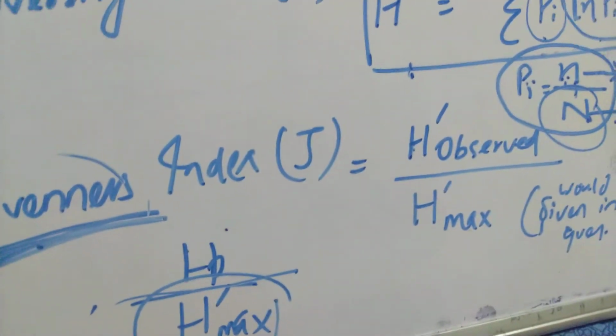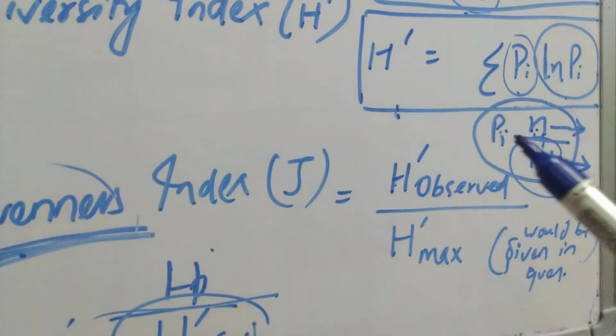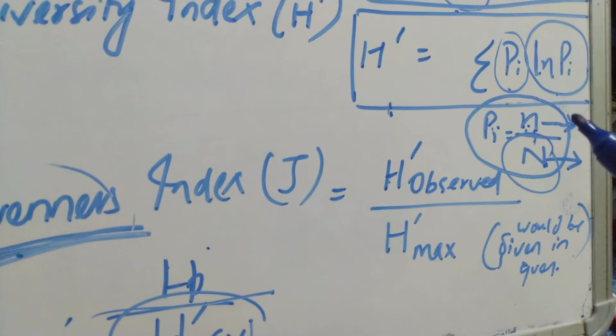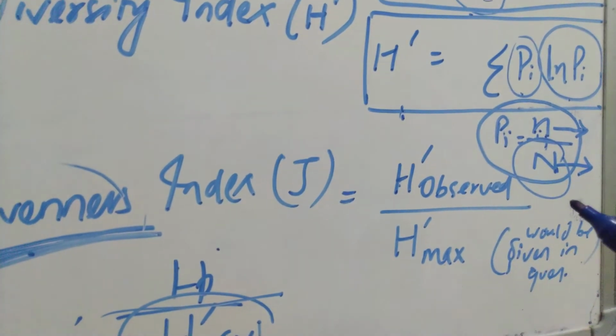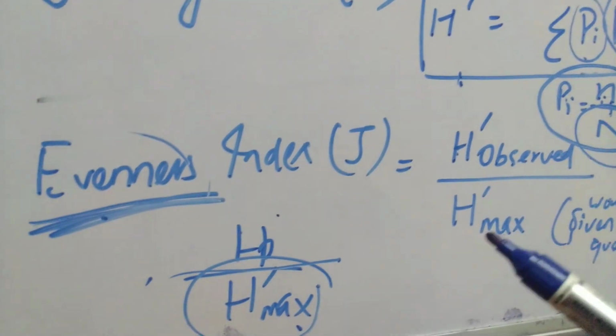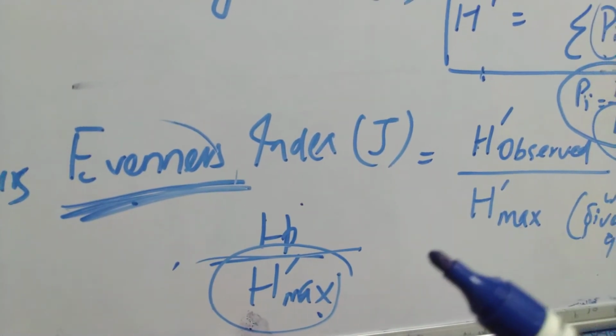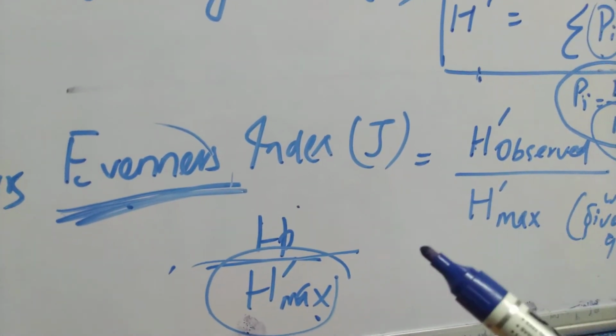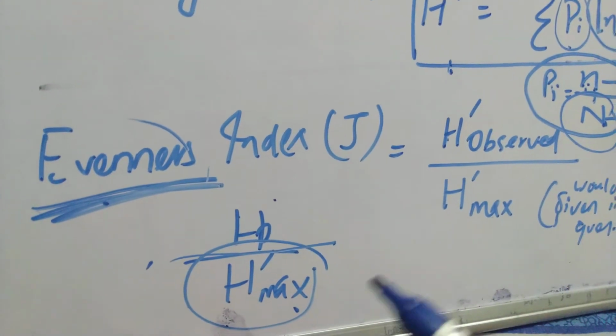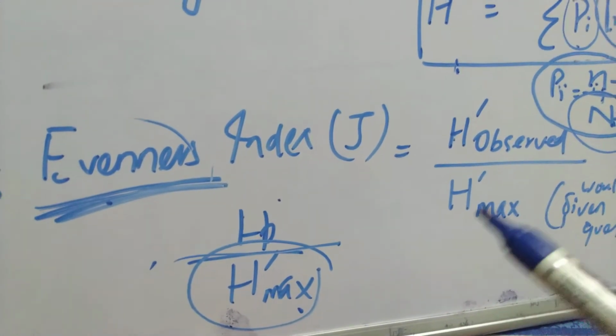And when you find that, you can get H' by just multiplying with ln pi, which again would be given in your question paper, and then you will find out Pielou's evenness index, that is J. Again the H' max would be given in your question paper.